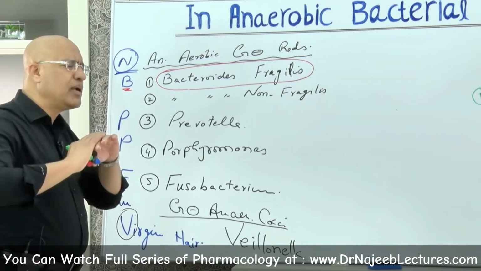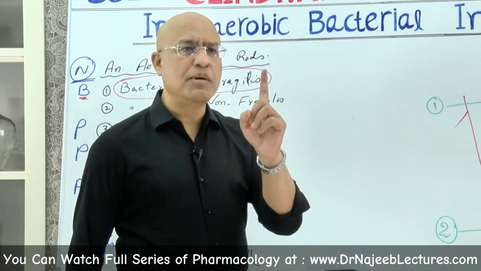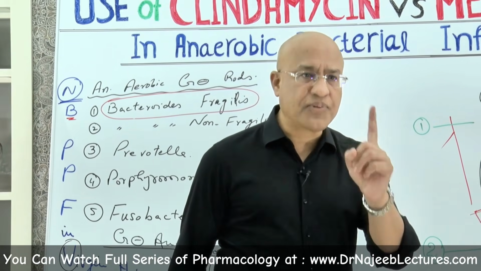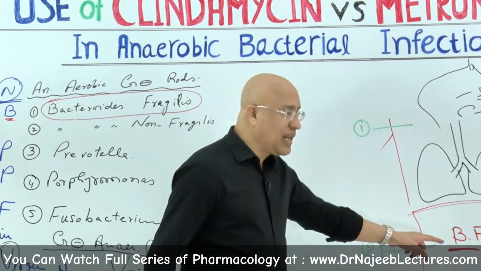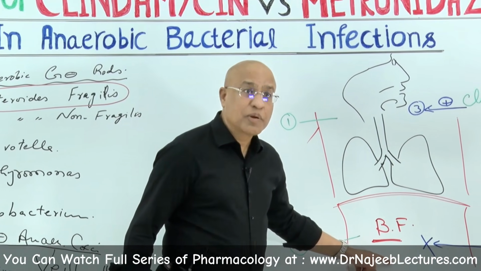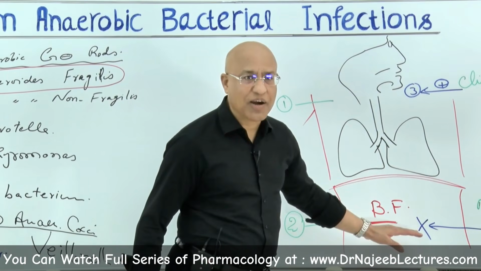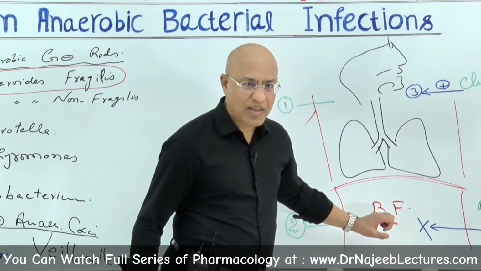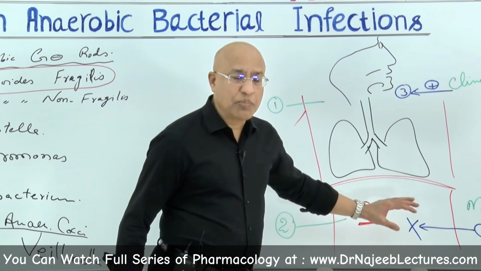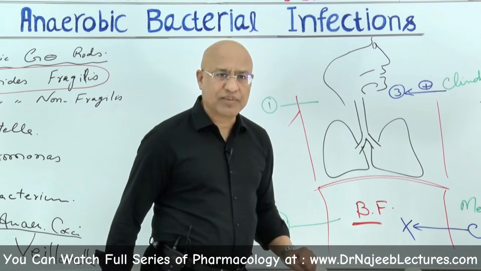If you don't remember anything about anaerobic bacteria, the minimum you should remember is Bacteroides fragilis. Why? Because it commonly produces anaerobic infections below the diaphragm, right? Intra-abdominal abscesses, abdominal infections, even pelvic infections.